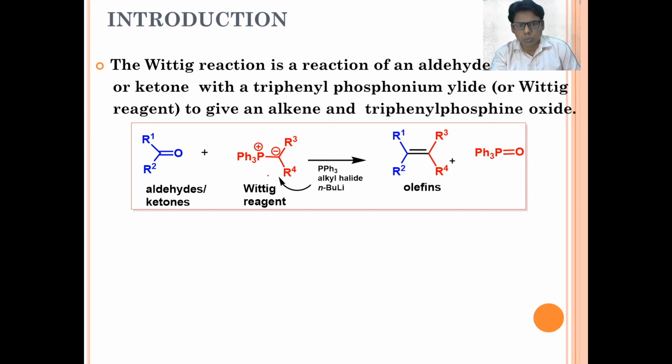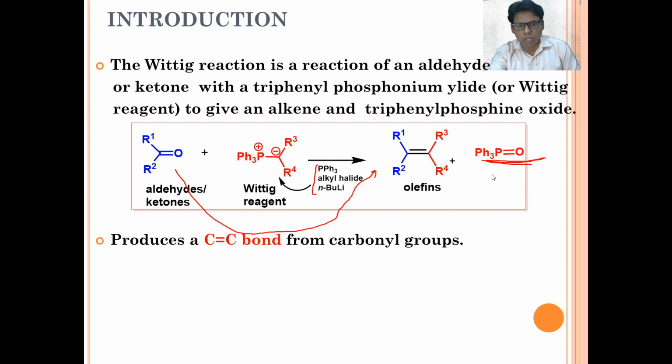It reacts with a Wittig reagent. Wittig reagent is carbon having negative charge and phosphorus positive charge, which is formed out of the reaction of these three. So ultimately from aldehyde we get an olefin with triphenyl phosphine oxide as the byproduct.